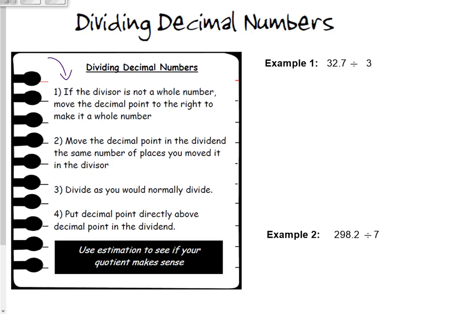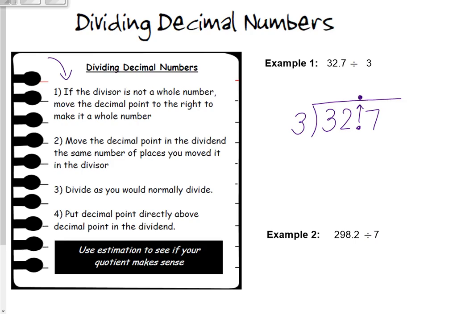Here we're going to set it up where we have 32 and 7/10 divided by 3. Okay? When you have a decimal divided by a whole number, you simply bring the decimal point up. And then you divide it as if you were dividing 2 whole numbers. Okay?